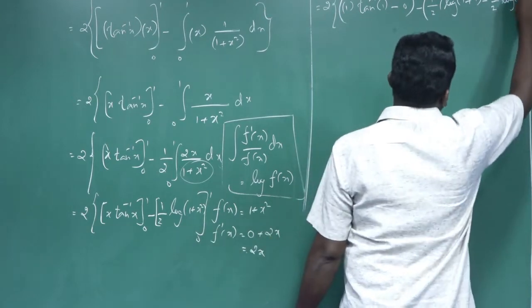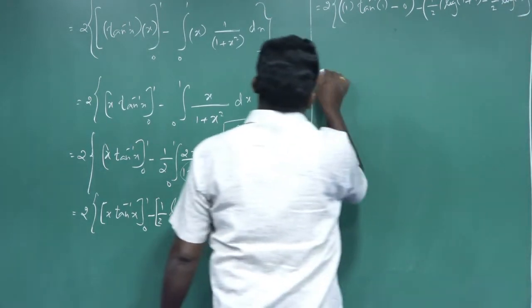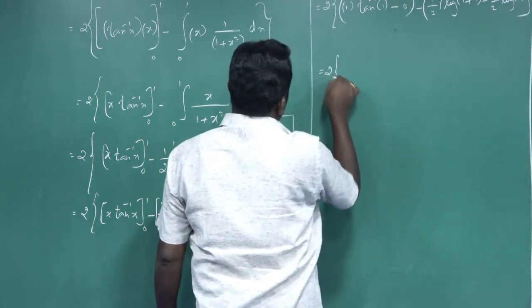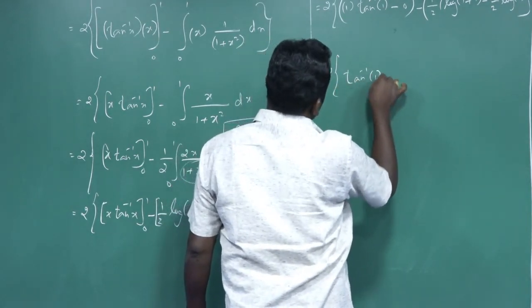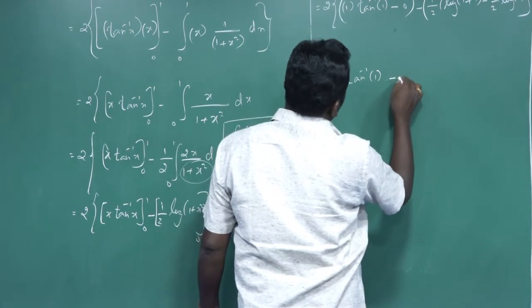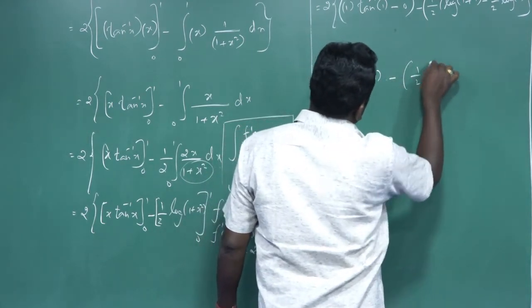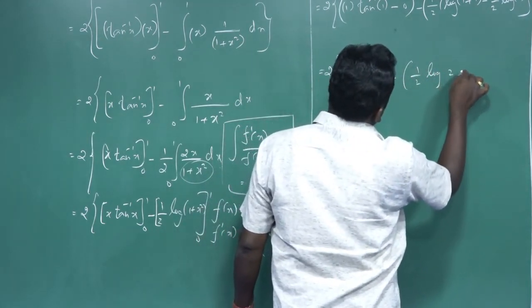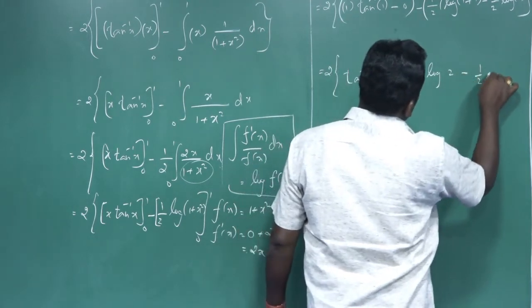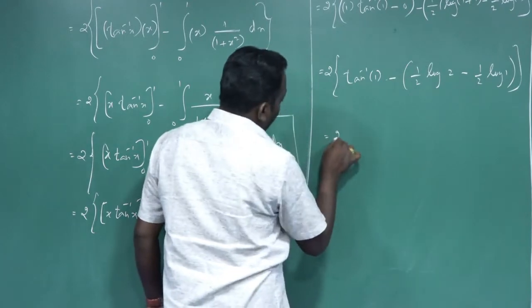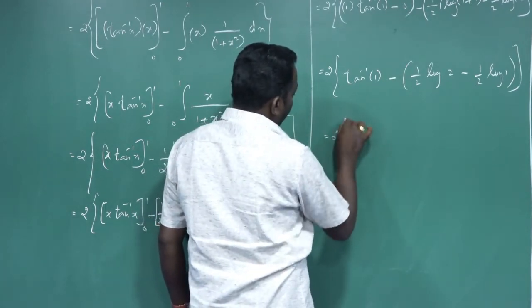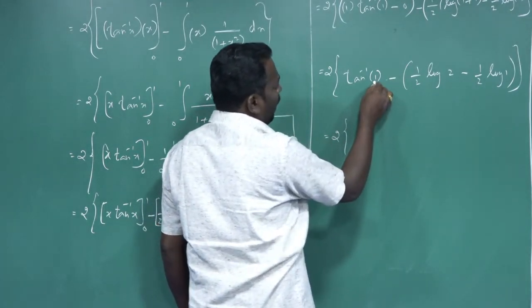Therefore, that is equal to 2 within the bracket tan inverse of 1, the 0 is cancelled, minus within the bracket 1 by 2 into log 2, minus 1 by 2 into log 1. That is equal to 2 times tan inverse of 1. Tan of what value is equal to 1?